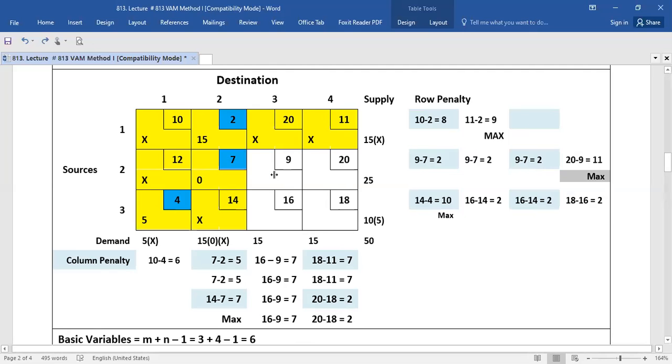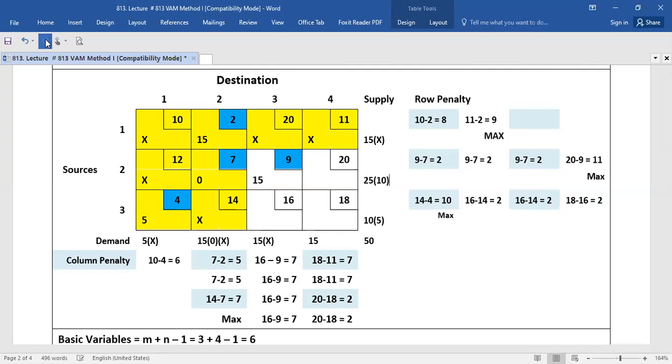Which cost is minimum? 9 is minimum. So you will make your allocation in this cell. You see that here 15 is the demand and 25 is the supply. Yes, you will write 15 here and put a cross in front of 15, and put 10 as your supply reduces from 25 to 10.